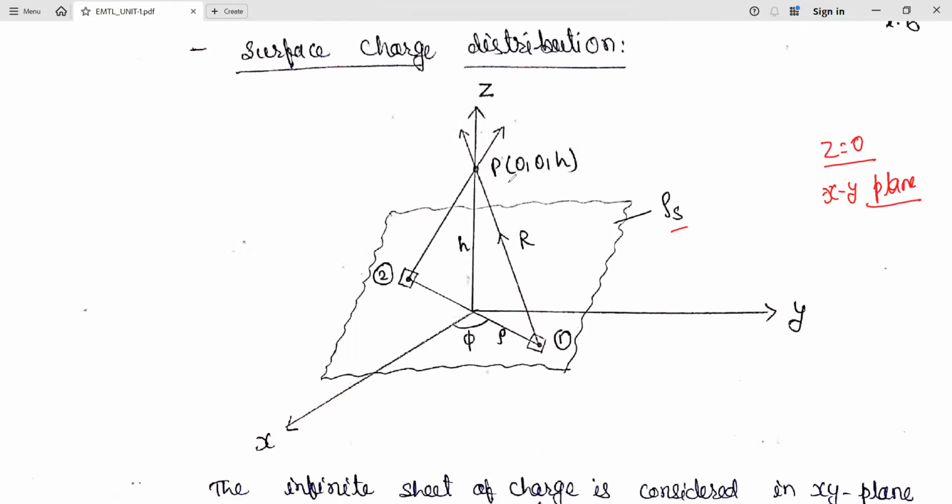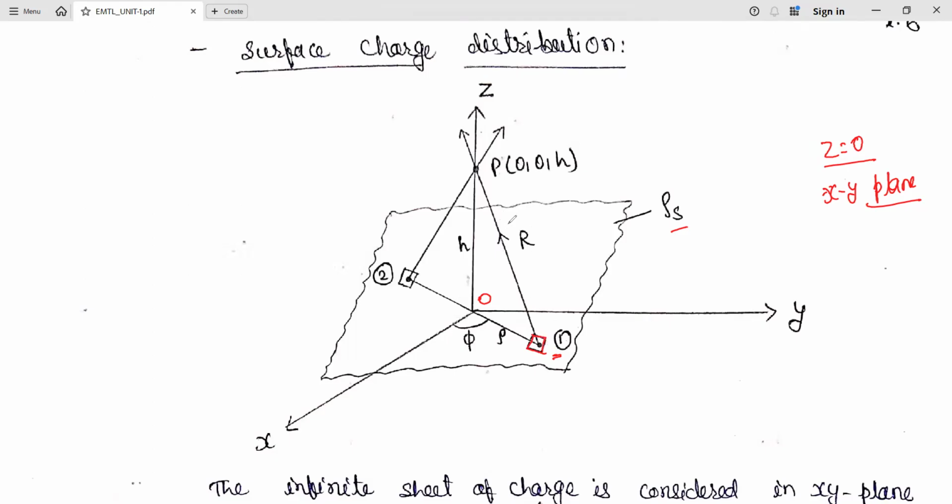So the coordinate of P is 0, 0, h. And point 1 is considered here on the plane, located at a distance of rho from the origin. And this is the differential surface here, ds. A small differential surface is considered here.